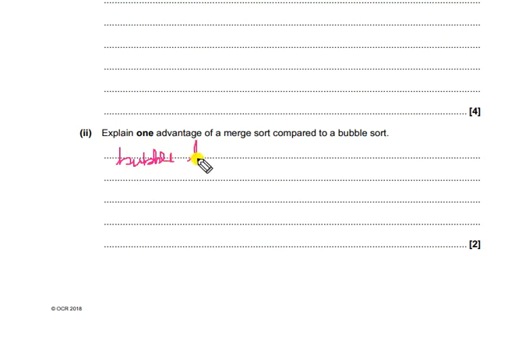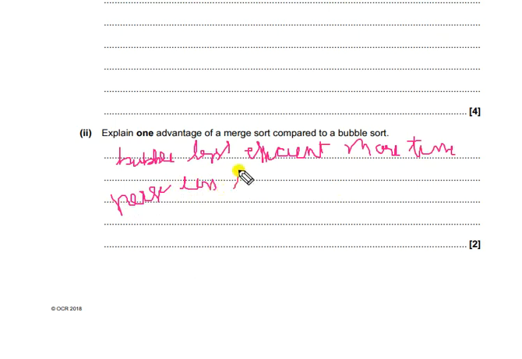is less efficient as it takes more time. So bubble sort is less efficient as it takes more time, and merge sort takes less time for a large list.